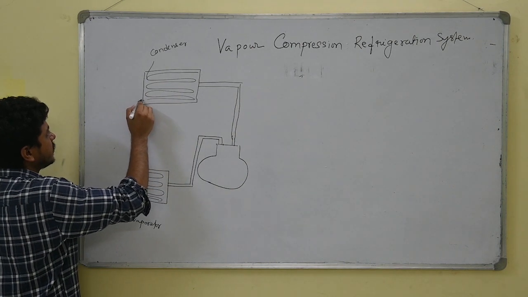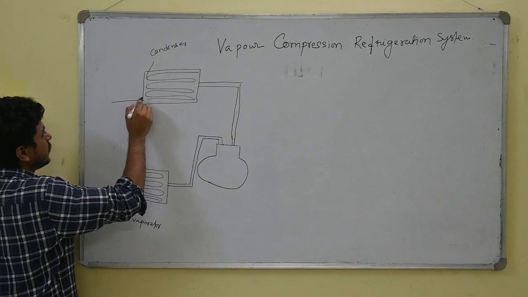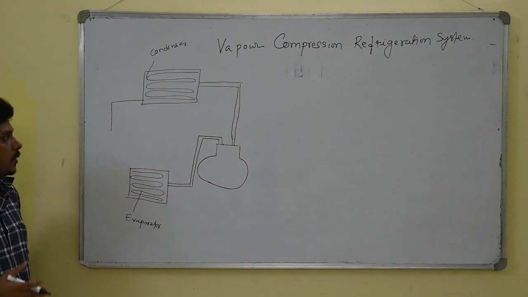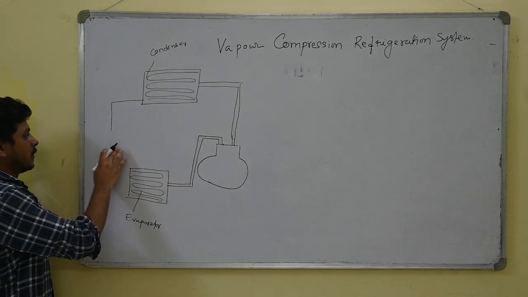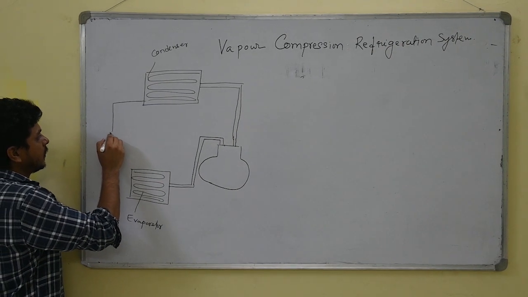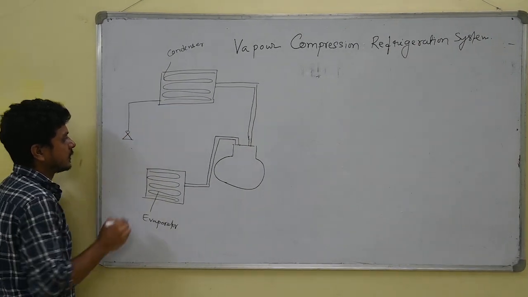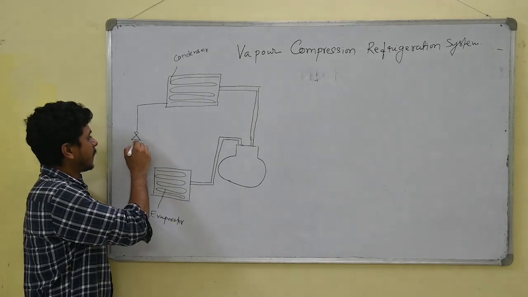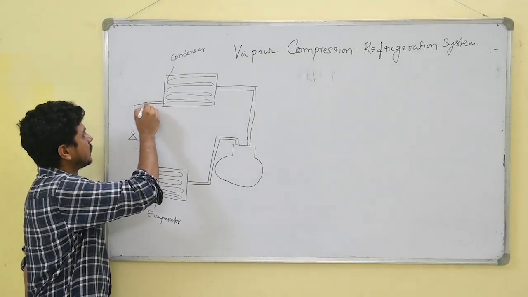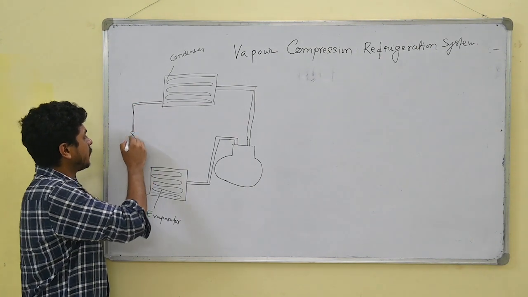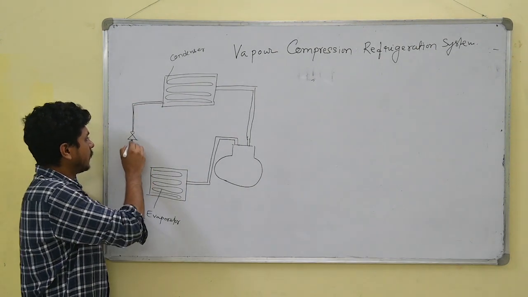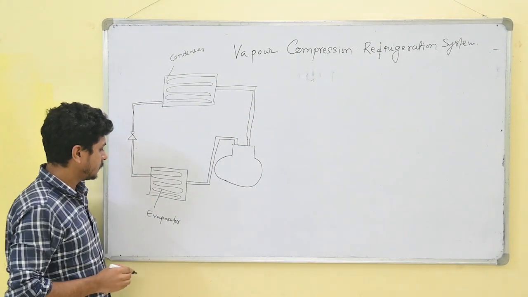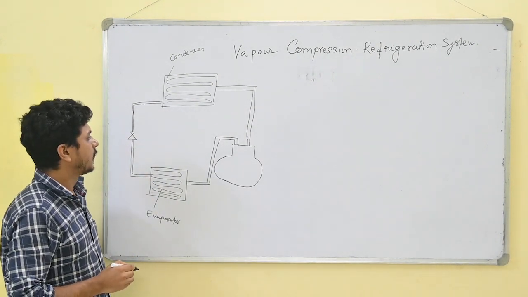Next, the condenser is connected to a valve called the throttling valve. The symbol of this throttling valve is like that. After that, the whole process goes again to the evaporator.